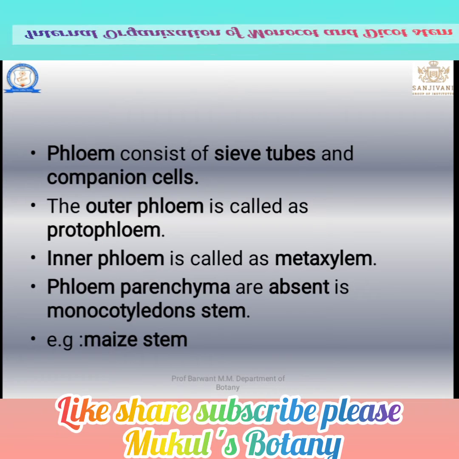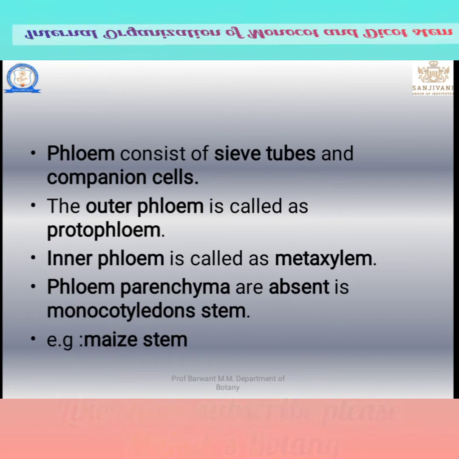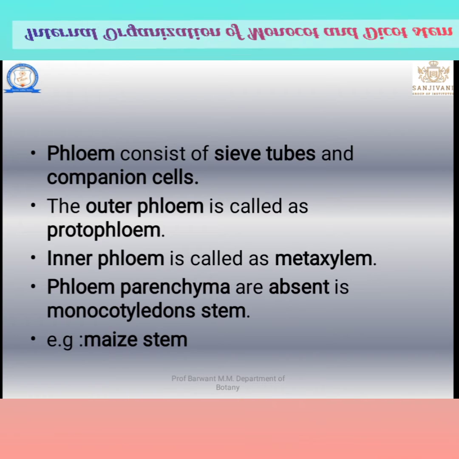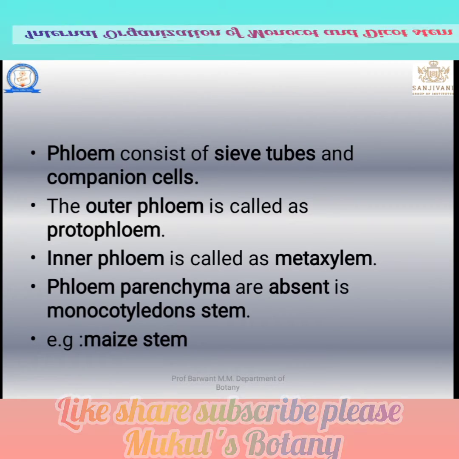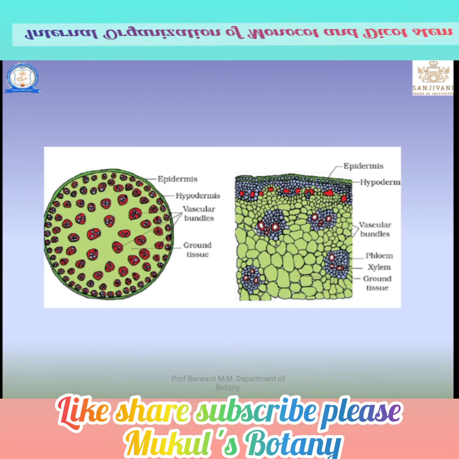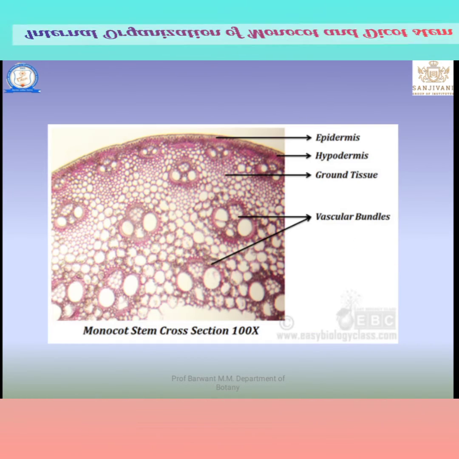During the description of a vascular bundle, you have to first mention which type of vascular bundle is present, then xylem, which part of xylem is present, and last we have to mention the function it is performing. Okay, that is the section of a monocot. We cannot see endodermis or pericycle there, but vascular bundles are present in scattered form.